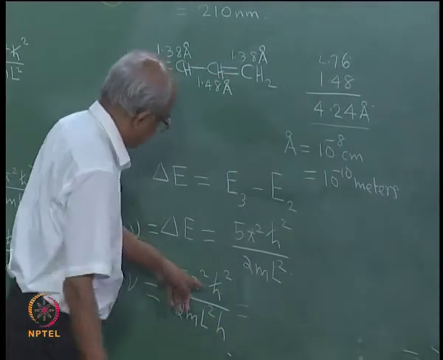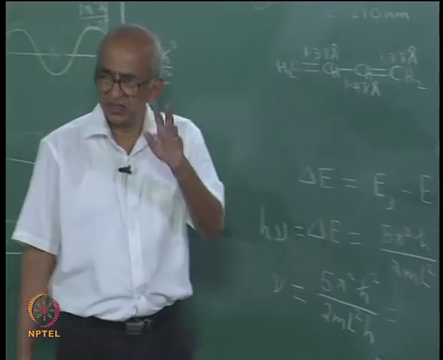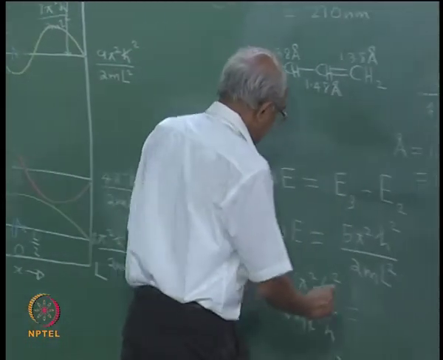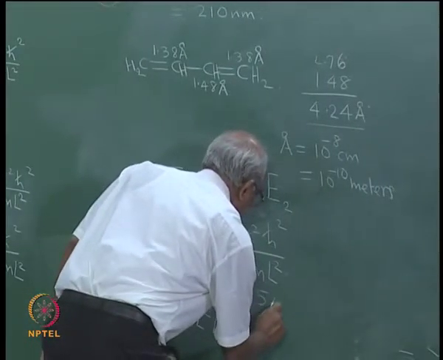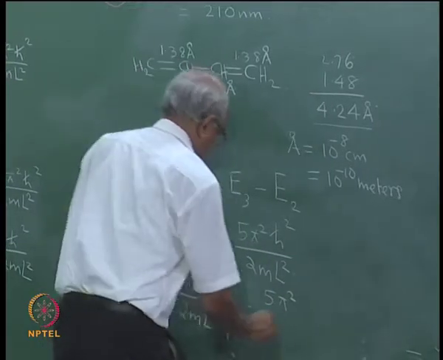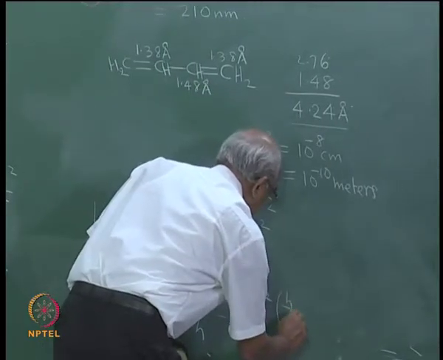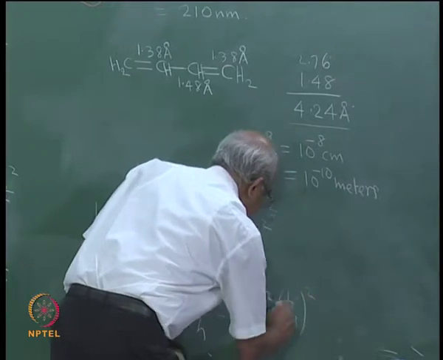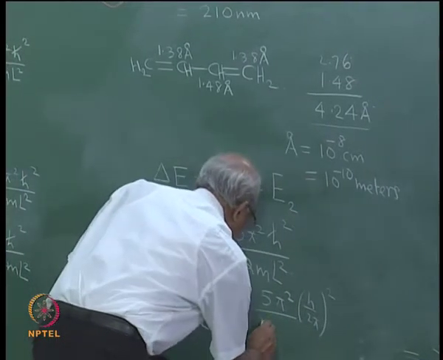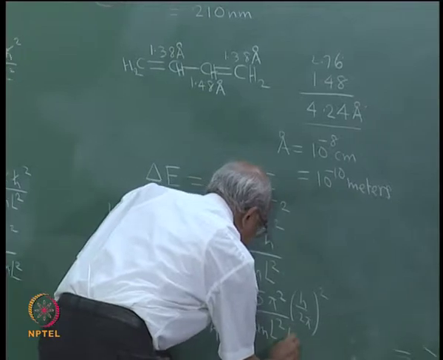I can actually simplify, because h cross, if you remember, is h divided by 2 pi. So, this actually will be 5 pi square into h divided by 2 pi, the whole square, divided by 2 m L square h.